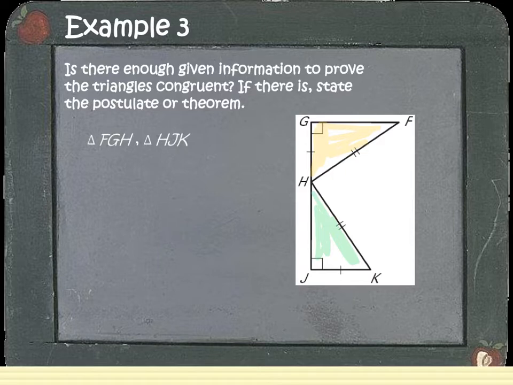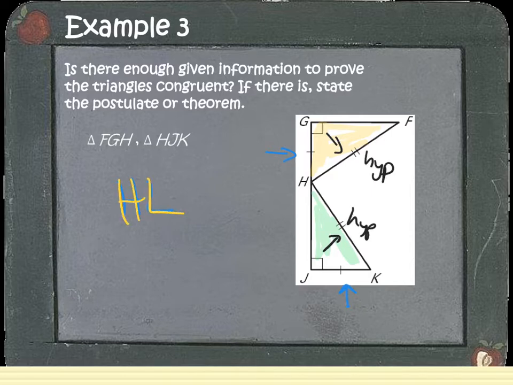So that might be a clue that, hey, wait a minute, I might be able to use hypotenuse leg. Notice the sides across from the right angle have congruency marks. So those are my hypotenuses. They're congruent. And then notice I also have the legs marked. So yes, we can show that these are congruent, and it would be hypotenuse leg.